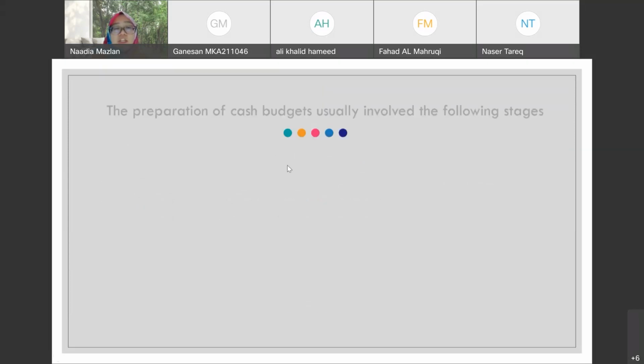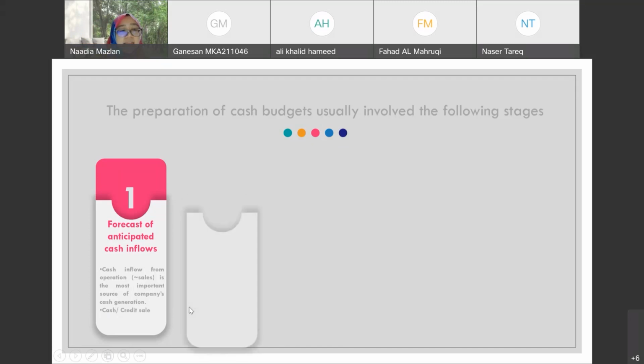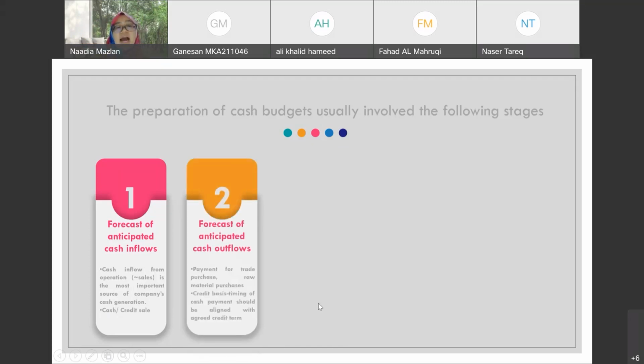Okay, so the preparation of a cash budget usually involves the following stages. The first one is to forecast the anticipated cash inflow. Where do you get the money? Cash and credit sales. Second is the cash outflow, how much the cash will go out: payment for trade purchases, raw material purchases, any credit basis. The timing of each payment should be aligned with agreed credit terms.